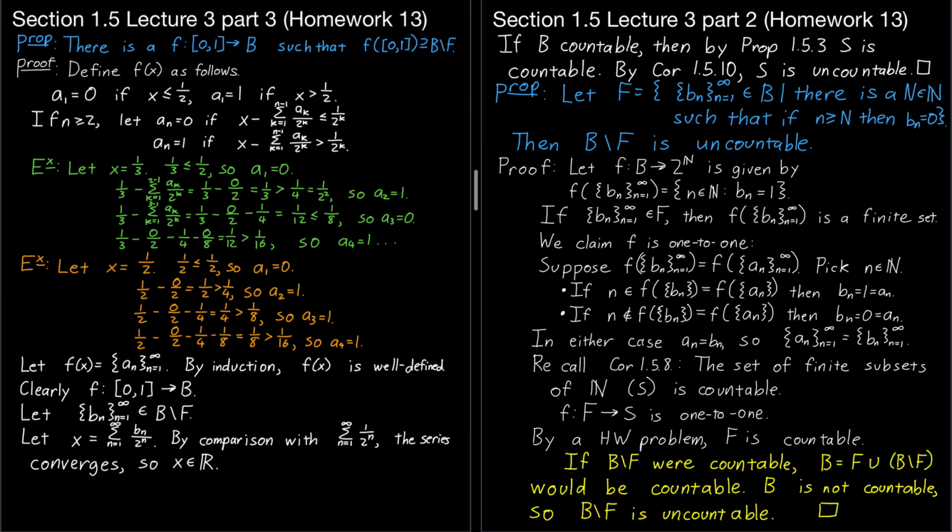This isn't stated explicitly in the comparison test, but if you take a finite sum of the bn over 2 to the n's, certainly that's non-negative. Each bn is either 0 or positive, but it's also pretty clearly less than or equal to the sum of 1 over 2 to the n.